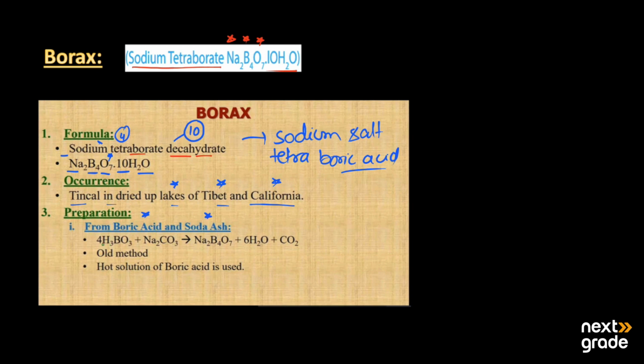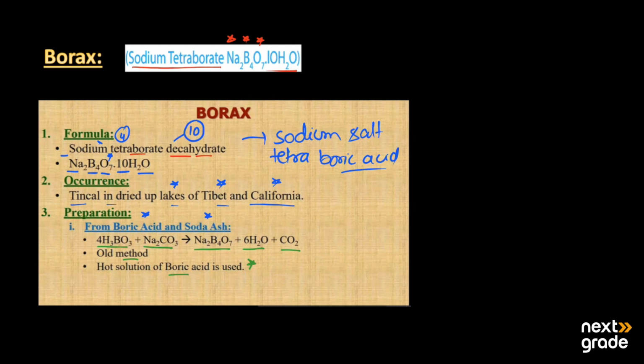The boric acid formula is H3BO3. It combines with soda ash, which is sodium carbonate, and forms borax plus water molecules and carbon dioxide.